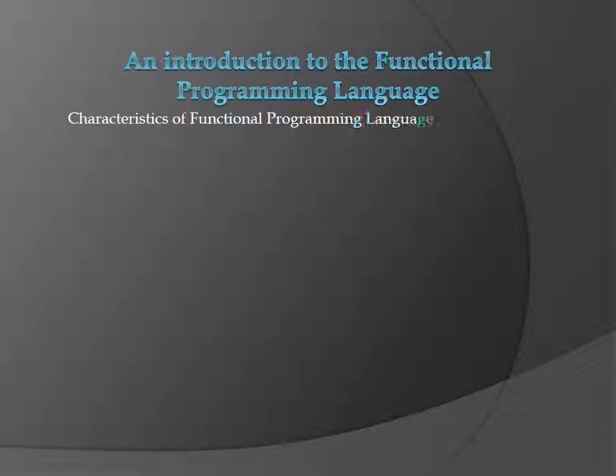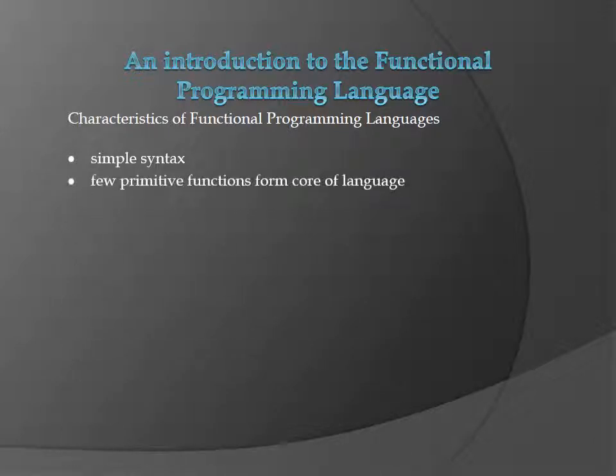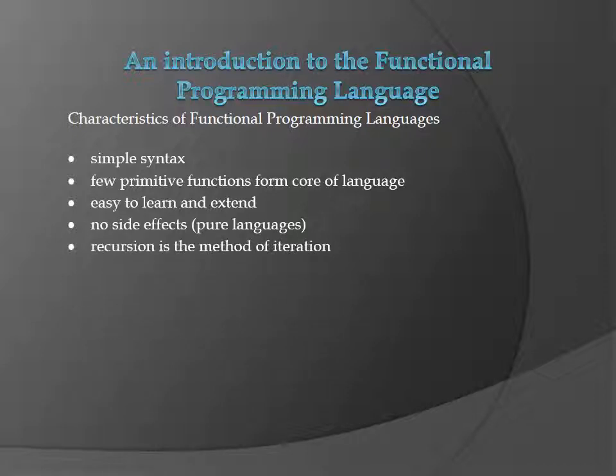Now, let's find out some characteristics about functional programming languages. It has a simple syntax, has few primitive functions from core of language. It is easy to learn and extend. It has no side effects, which means a pure language.